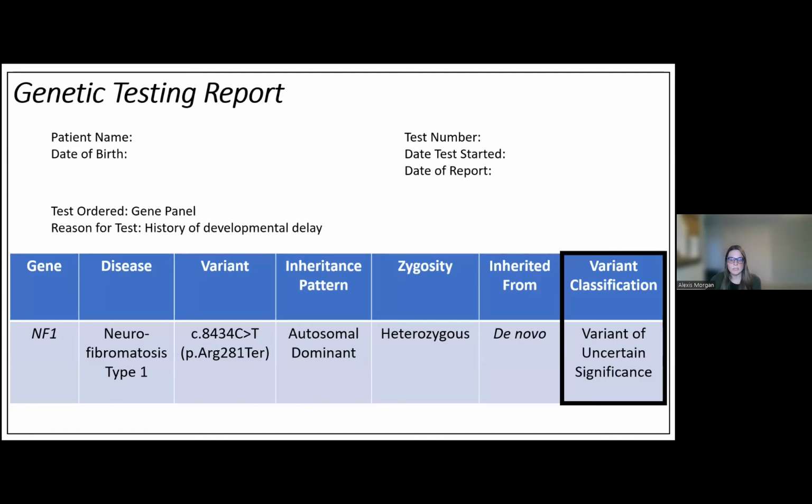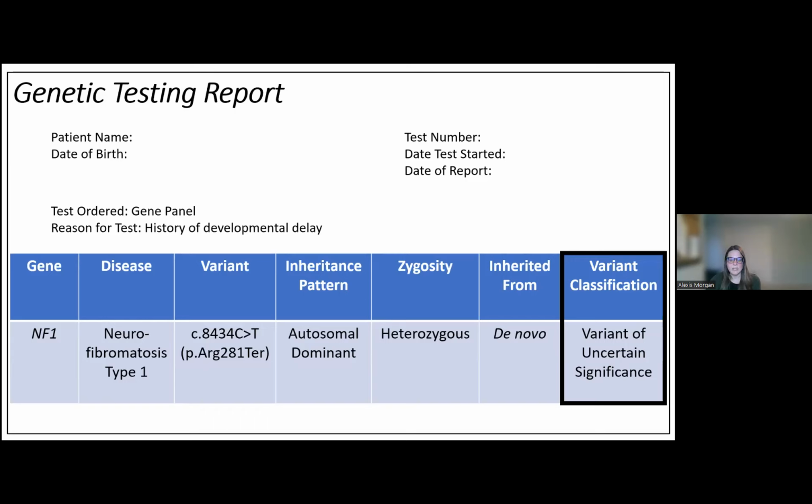You may also see these noted as unclear or unknown significance. A VUS means the laboratory does not have enough information about the specific variant to know if it can impact health and cause the genetic condition associated with the gene.